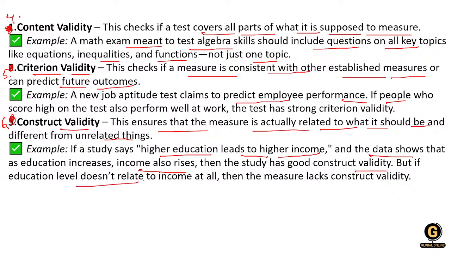But if education level does not relate to income at all, then the measure lacks construct validity. Clear? So these are the types of validity. Clear?